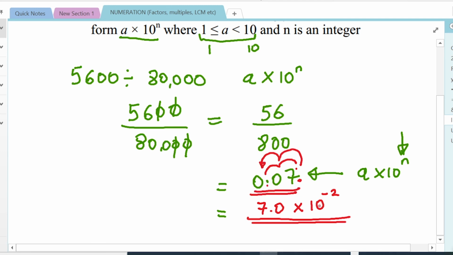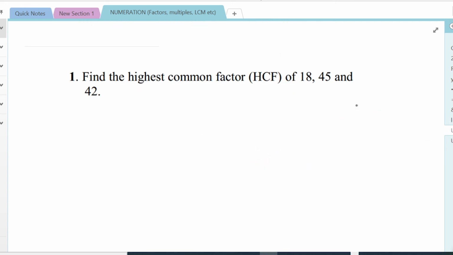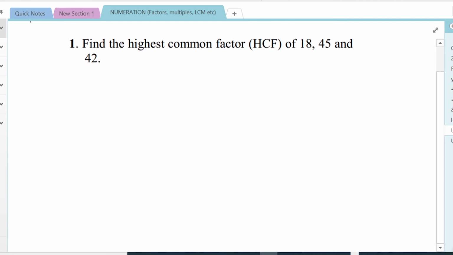That's why we're saying 10 to the power negative 2. To do this, you needed a command of how to write numbers in standard form. This is just revision, so I am not going deep into the nitty-gritty of each topic, but in case you need my help in that area, simply let me know and we go deep into that.